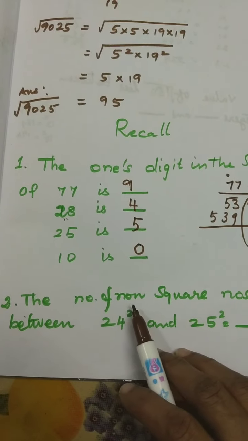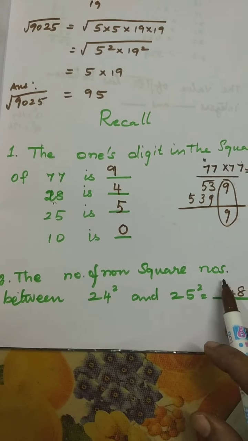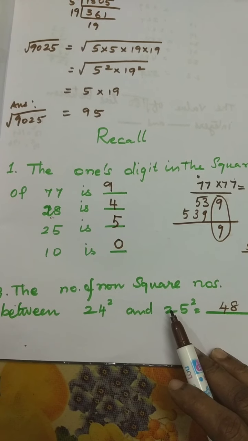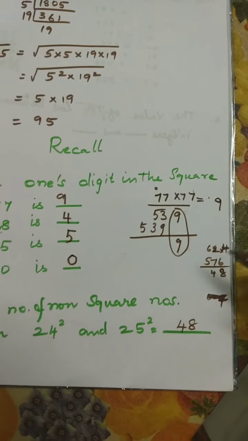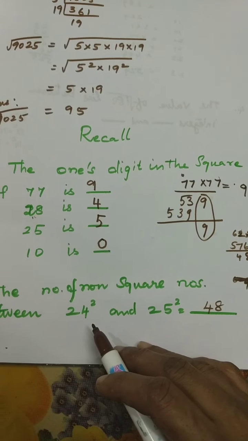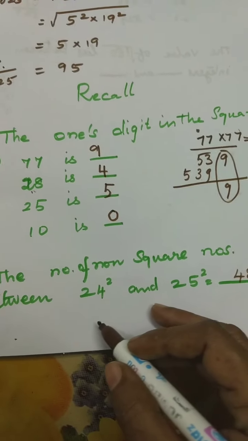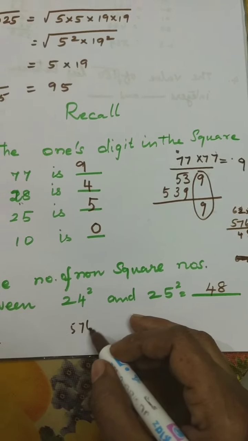The number of non-square numbers between 24 square and 25 square. Okay, what is 24 square? It is 576.